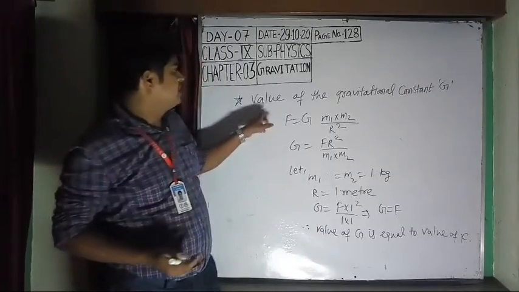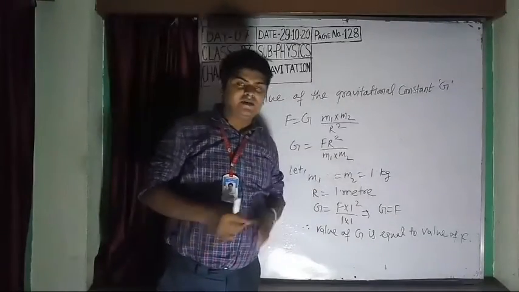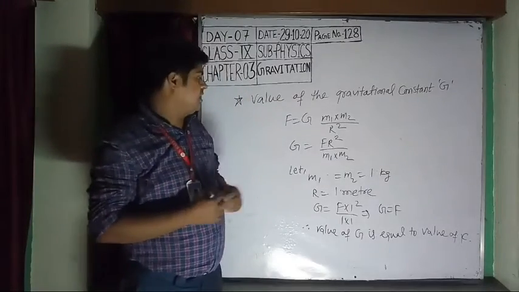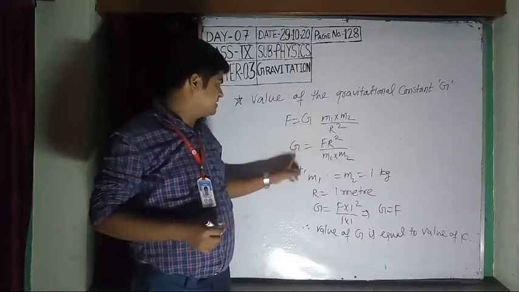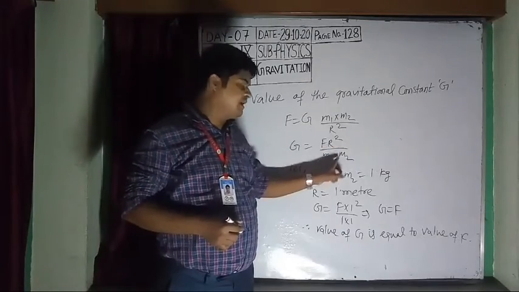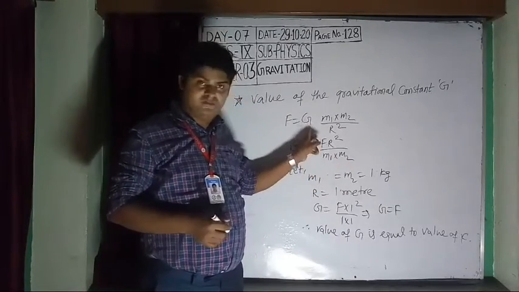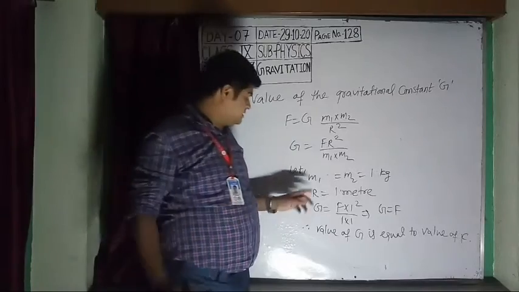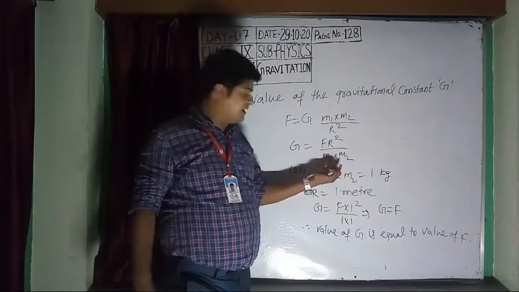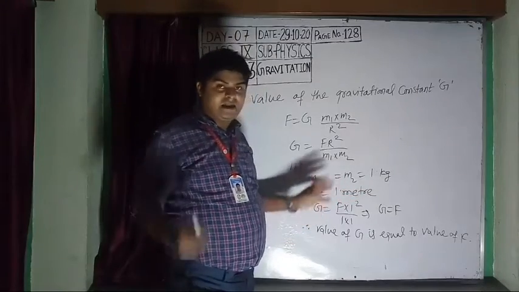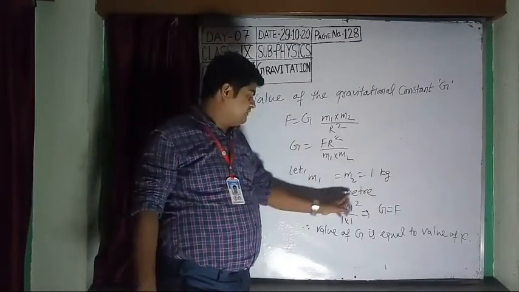Students, see the next topic, the value of the gravitational constant G. You know F is equal to G m1 m2 by r square. That means G is equal to F r square by m1 into m2. Just separate the value of G. Now let m1 be equal to m2. Suppose that both objects are equal in mass, 1 kg, and the distance between them is 1 meter.